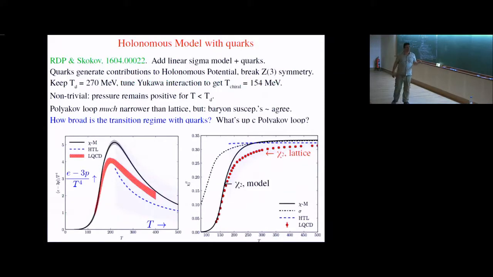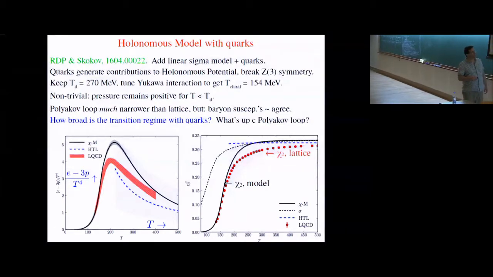Anyway, as for the gauge theory, the transition, as indicated by the Polyakov loop, is much broader than in our model. But what I want to point out is this is the second chiral susceptibility. This is chi2, the second susceptibility with respect to baryon number. This black curve is the result from our model. It overshoots things.